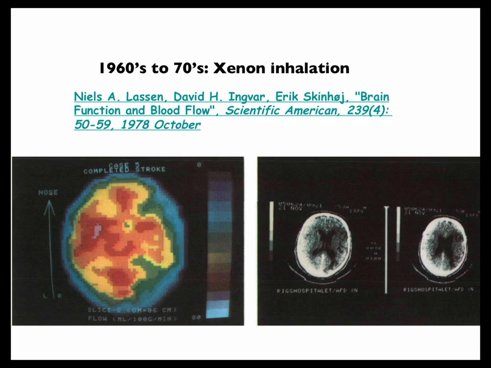I remember looking at, in some sense in high school, Scientific American articles that looked something like this. Essentially, you have radioactive tracers that are either inhaled or injected. This happened to be xenon, and you had scintillation counters around the head trying to infer where the radioactivity was depositing itself. And these were some of the first images. Credit should go to Niels Lassen and David Ingvar in particular for that. And that was in 1978.